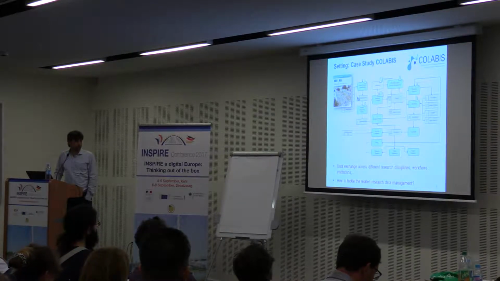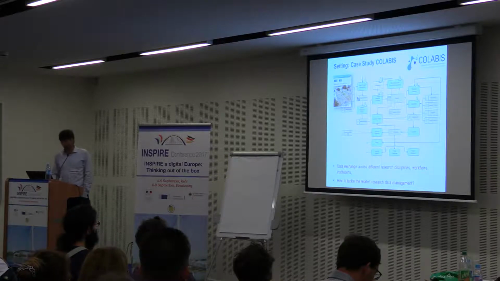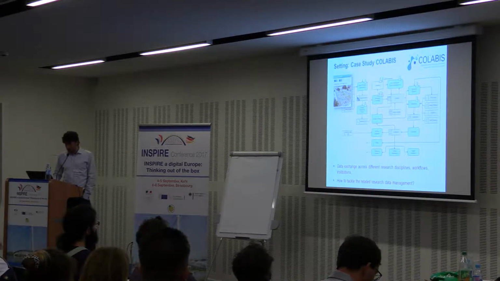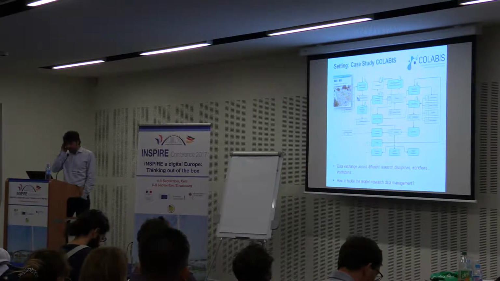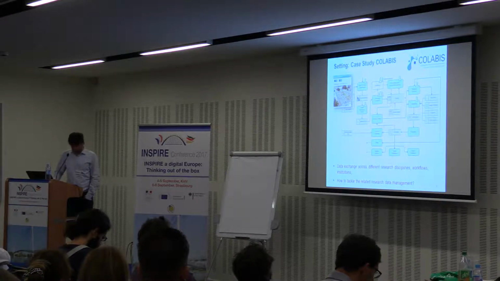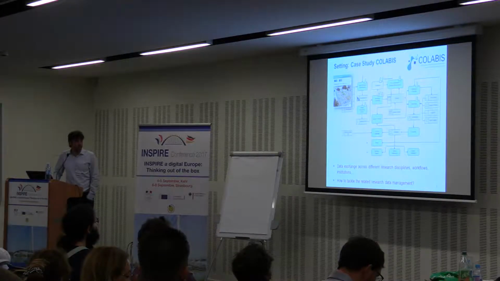We have real-time data coming from sensors that we put on the roofs of the cabs that are driving through Dresden. We have, of course, administrative data about the street network.